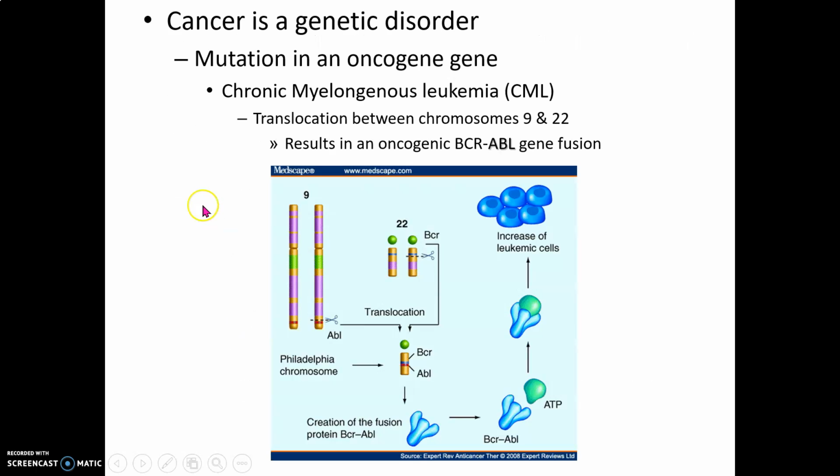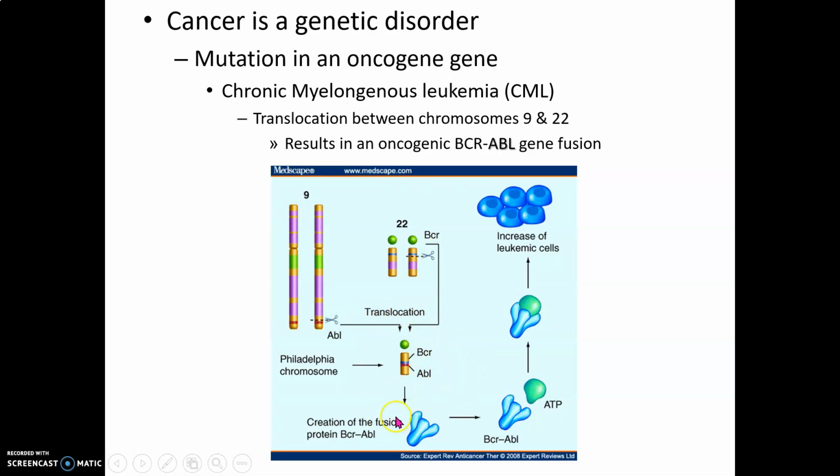Let's look at the chromosomal translocation more. Remember we talked about CML, and this is a translocation between 9 and 22. When you translocate it, you put the genes under a different promoter. So now you have this BCR-ABL gene fusion, which is the so-called Philadelphia chromosome.